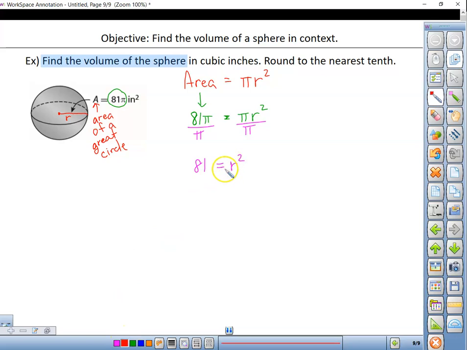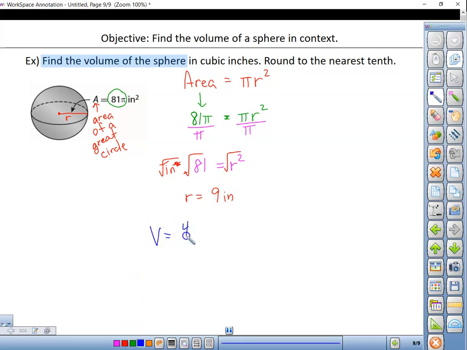Then taking the square root of both sides, again the principal square root, because radius has to be a positive number. 81 is a perfect square, so our radius is 9, and our units would be the square root of our inches squared, which gives us inches, as we would expect for a radius measurement.